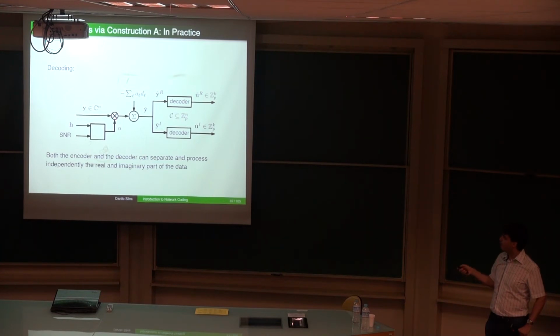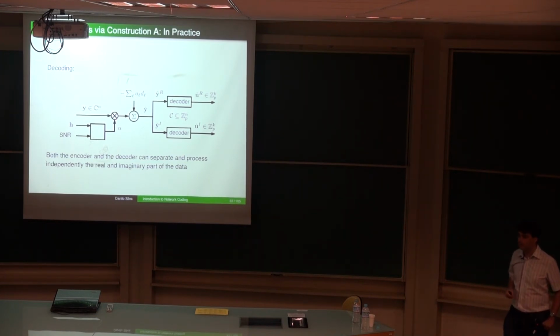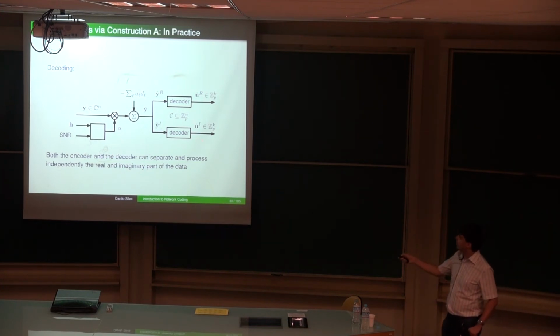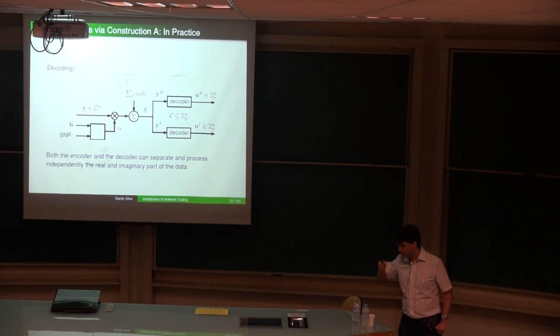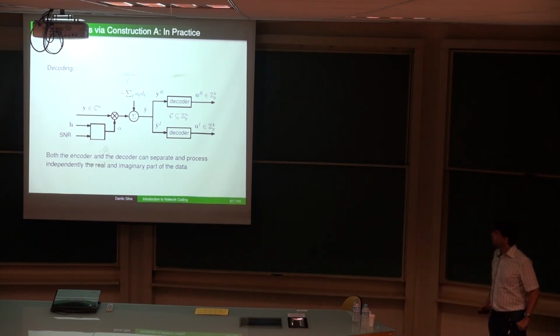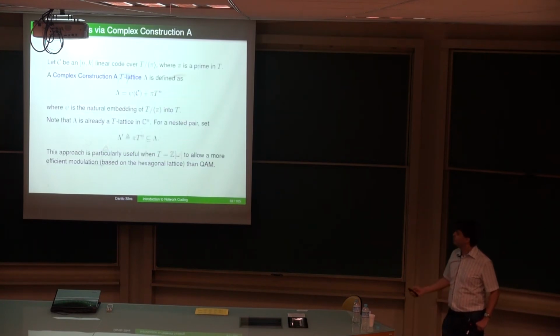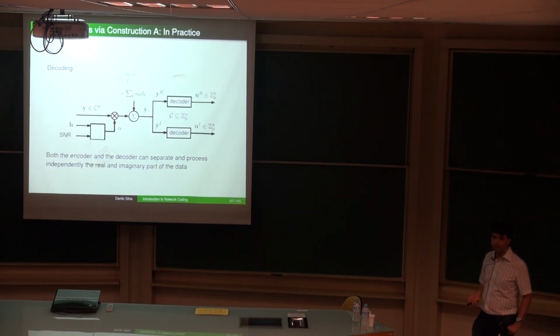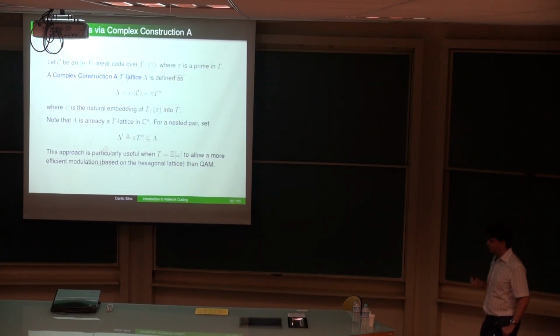After scaling, it can separate real and imaginary parts of the received vector and do the decoding on each linear code to extract the real and imaginary parts of your message. So that's something easy to implement, especially if you take p equal to 2, you're just using binary linear codes, for which there is a lot of literature.